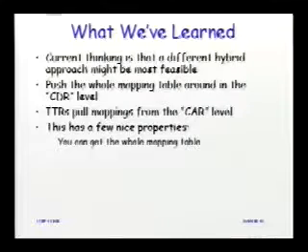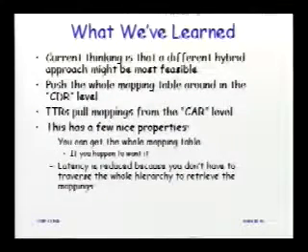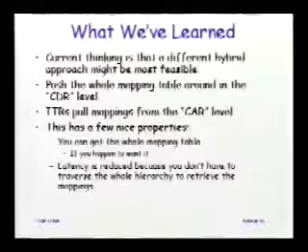You can get the whole mapping table if you want it. In the current CONS spec, there's no way to get the whole table conveniently, if you happen to want it for whatever reason. Latency gets reduced because you don't have to traverse this whole hierarchy up and down to get the mapping, so that's nice. And that's about all I have.